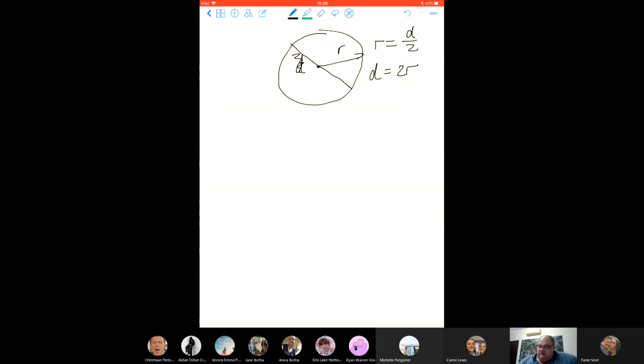Now, here we've got for the circle, and this is new work for you now. Well, probably not if you've done it in the previous years, but for the circle, the perimeter is actually not called the perimeter. It is called the circumference. So for everything else, your perimeter is your perimeter.